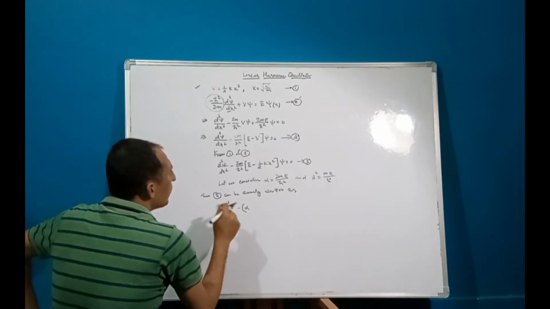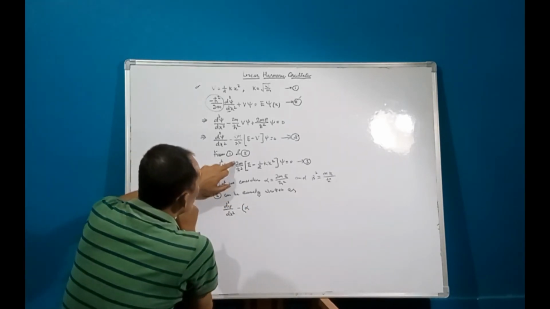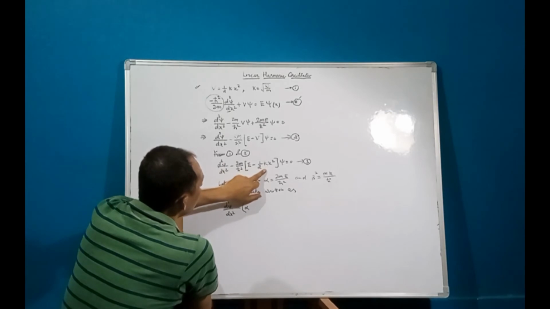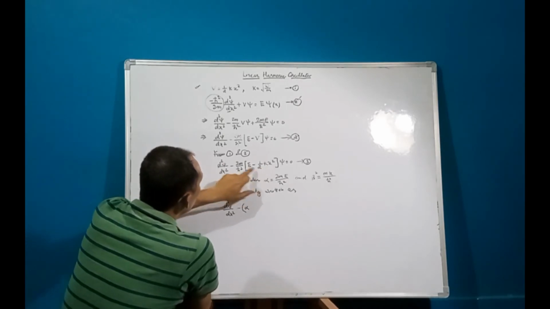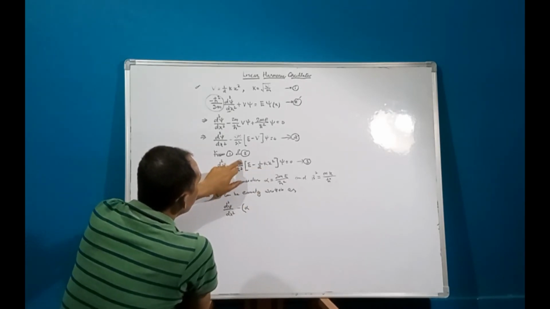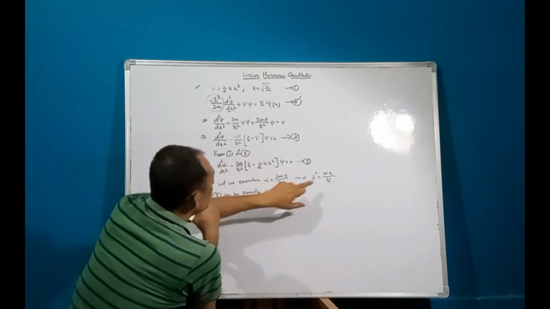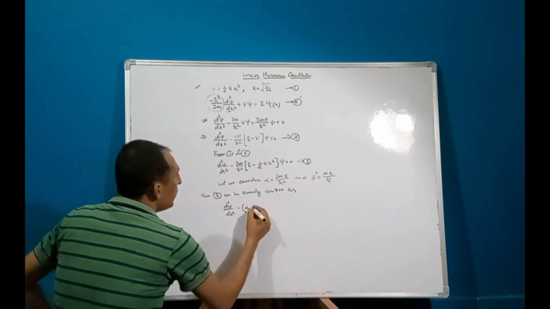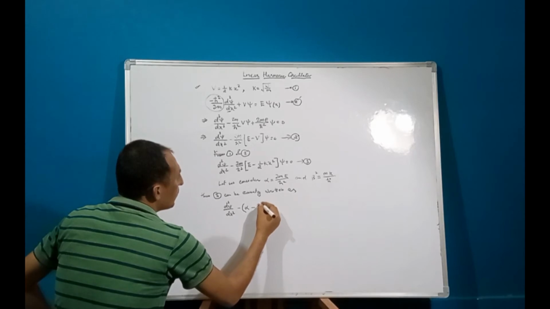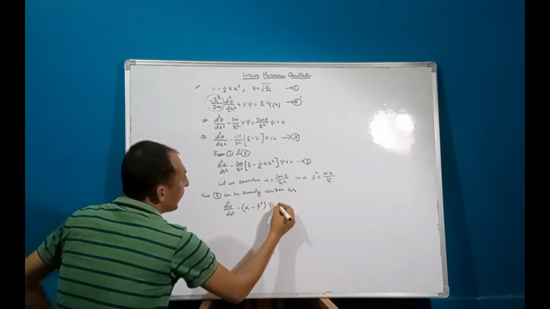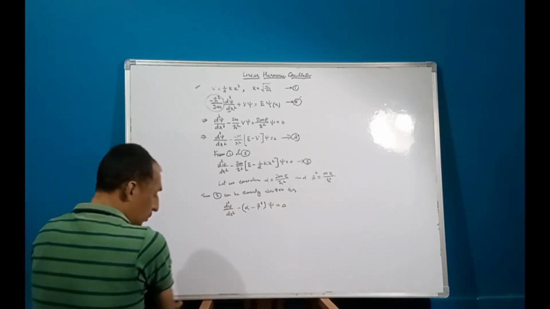Then if you multiply by twice m over h square inside this, the 2 and 2 will be cancelled, and you will get mk over h cross square, which is beta square. So it will be minus beta square multiplied by psi is equal to 0.